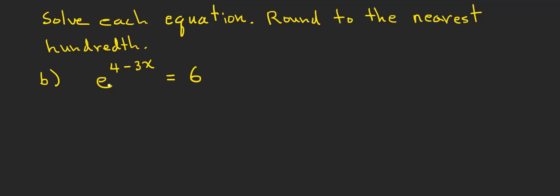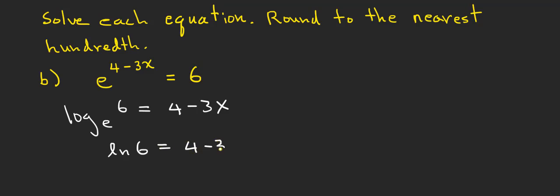Now let's solve e to the power of 4 minus 3x equals 6. Now you could also change it to logarithmic. So log base e of 6 equals 4 minus 3x. And what is log base e? That's natural log. So natural log of 6 equals 4 minus 3x. And all you got to do is solve for x. So you end up getting natural log of 6 minus 4 equals negative 3x.